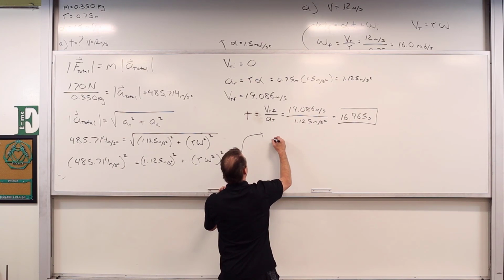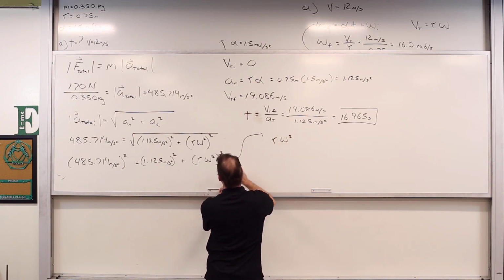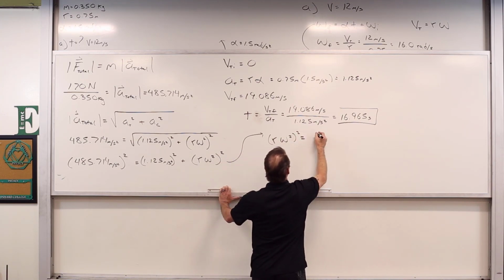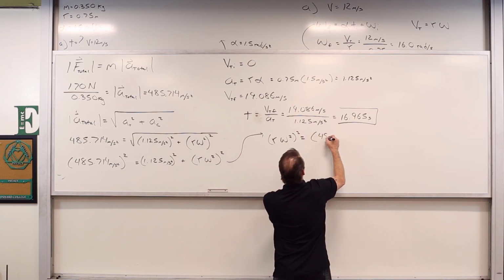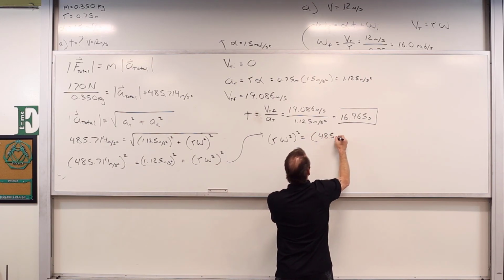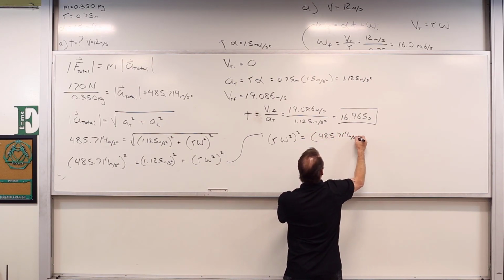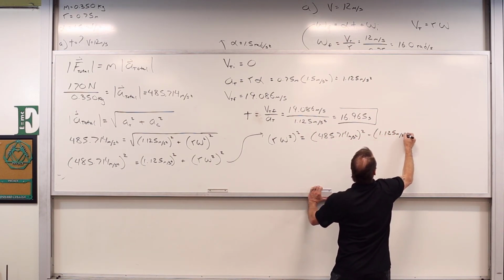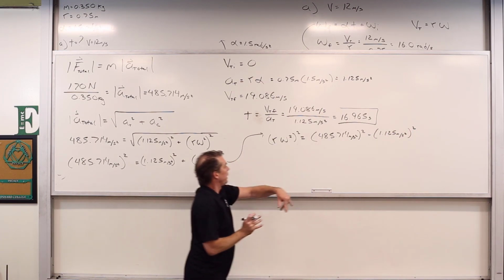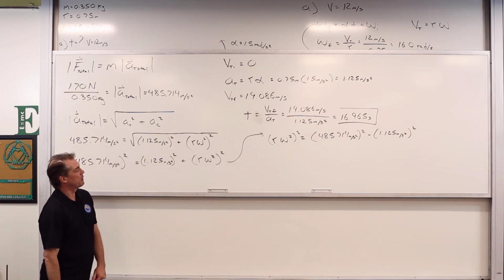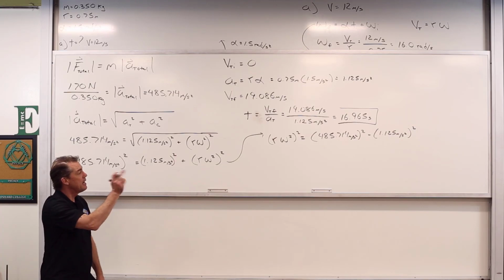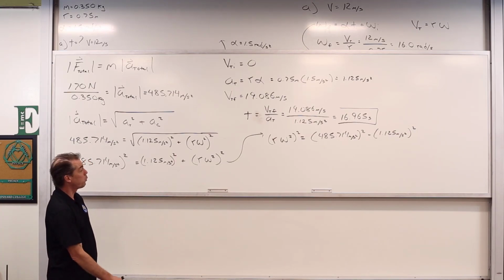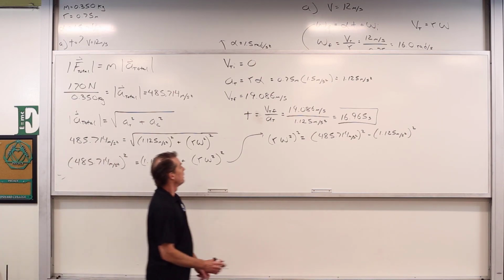We can write this as r omega squared, quantity squared, is equal to 485.714 meters per second squared minus 1.125 meters per second squared. We could take the square root of both sides, and then we can divide by r. And then we can take the square root again. Oh, that sounds pretty fun, huh?